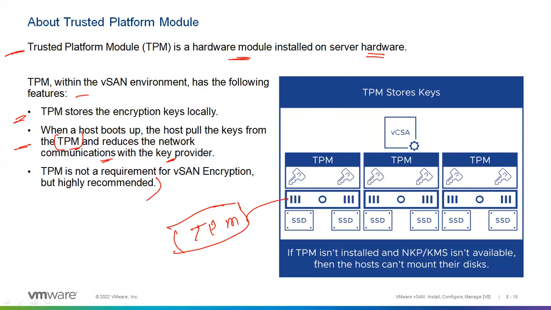So that's why I said if TPM is not installed and the KMS is not available, then the host can't mount its disks. Why? Because both things are not available. If KMS is not available, then the host cannot mount its disks. The disks will not be visible because of the encryption.